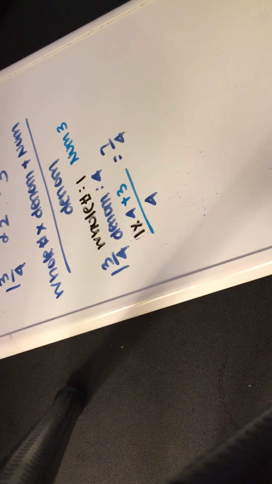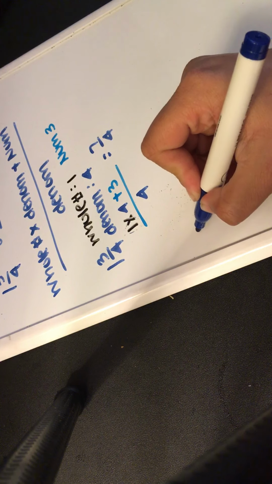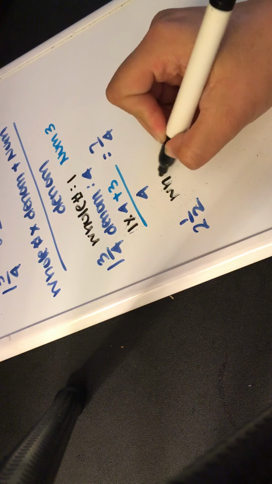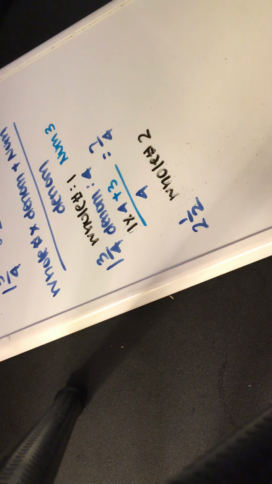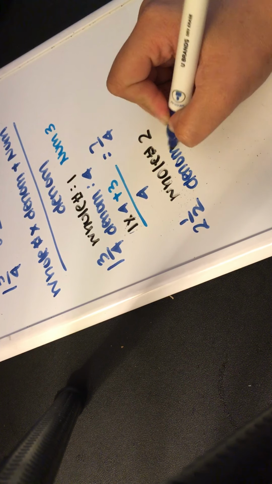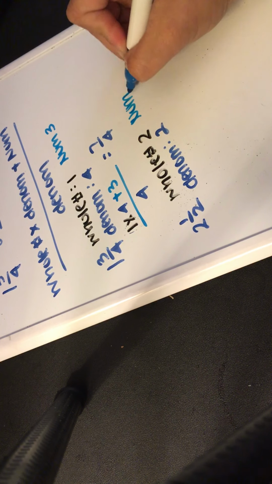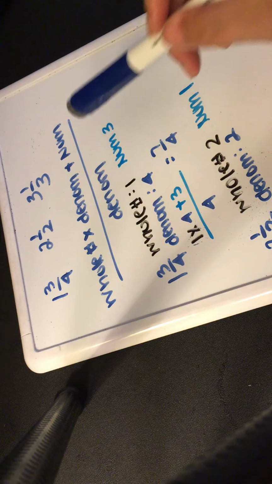So let's do 2 1/2. My whole number is 2. Our denominator is 2. And our numerator is 1. So let's put it back into this equation.